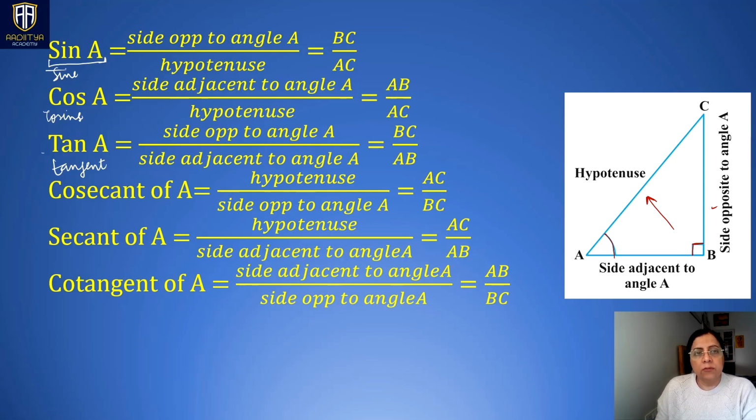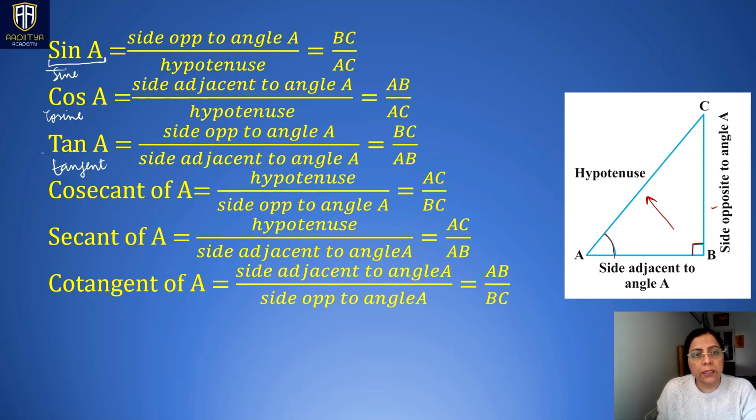Then cosine, in short form cos of angle A, is defined as the ratio between the side adjacent to angle A and the hypotenuse. The side adjacent to angle A is AB and the hypotenuse is AC.